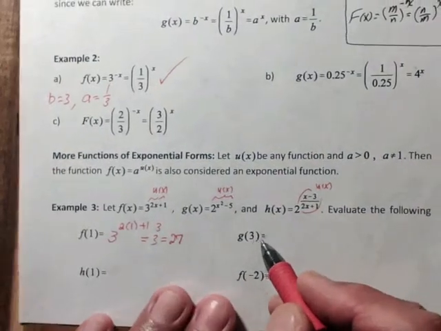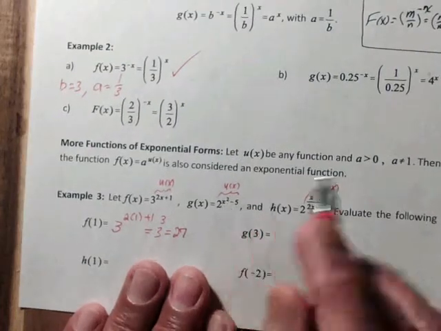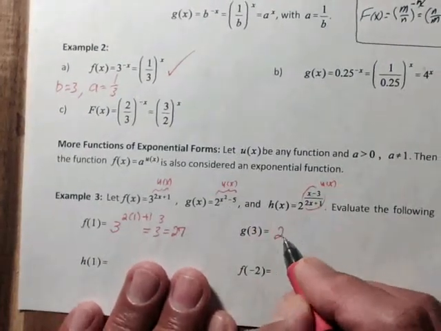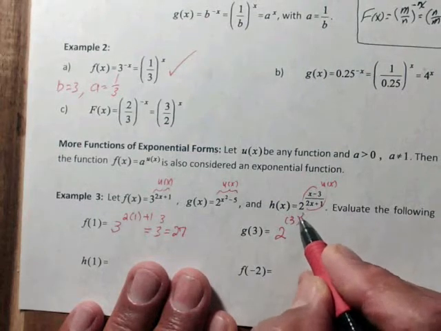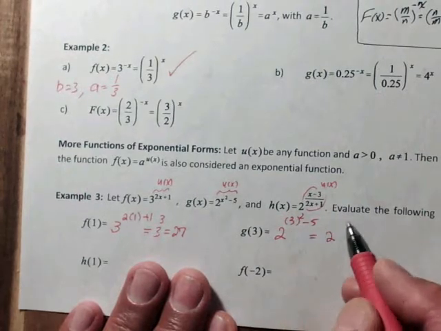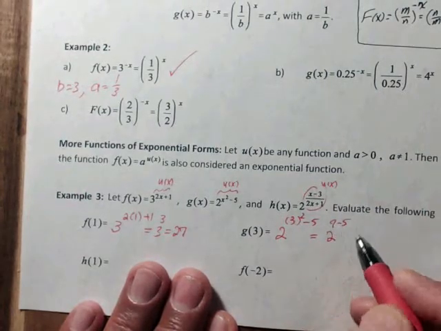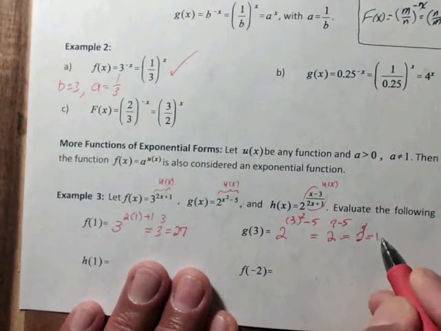G of 3 means in g right here you replace x by 3. So you get 2 to the power 3 squared minus 5. 3 squared is 9, minus 5. And 9 minus 5 is 4. And 2 to the power 4 is 16.